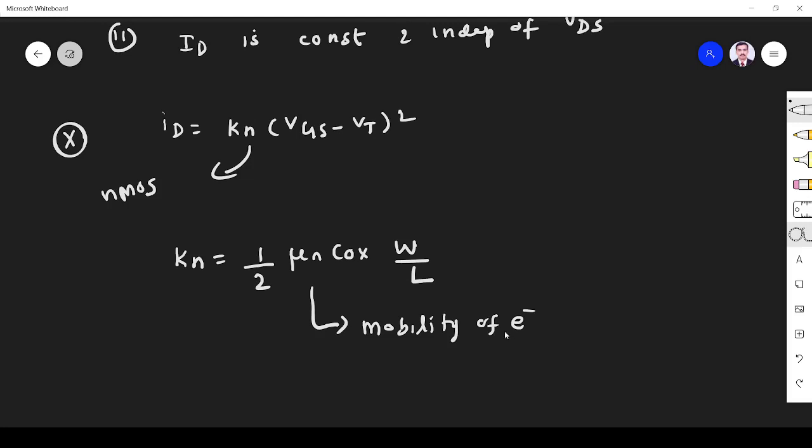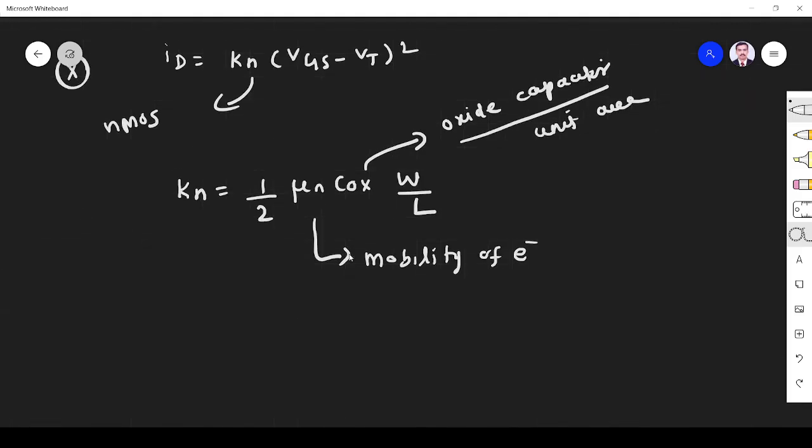And COX is nothing but the oxide capacitance per unit area. W is the width of the channel and L is the length of the channel, so I can call it the width by length ratio.